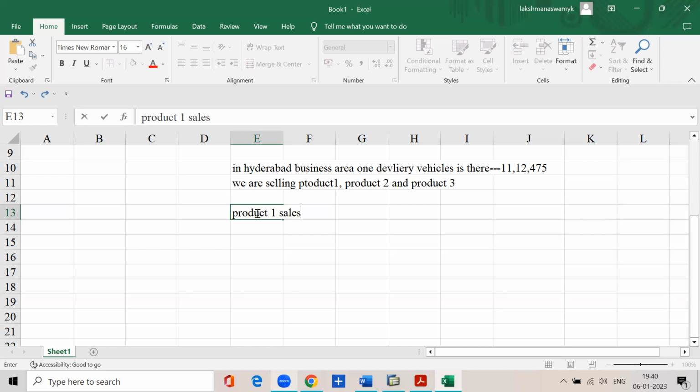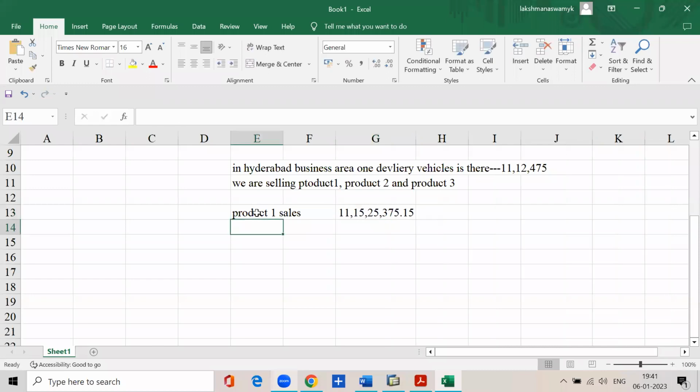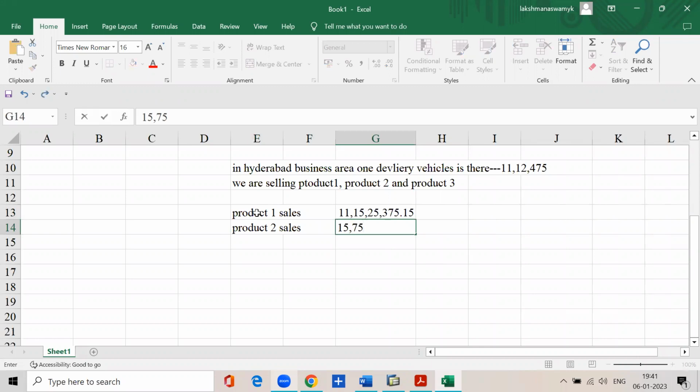product one sales, 11 crores, 15 lakhs, 25,375.15. Then product two sales, 15 crores, 75 lakhs, 45,000, 25.75.